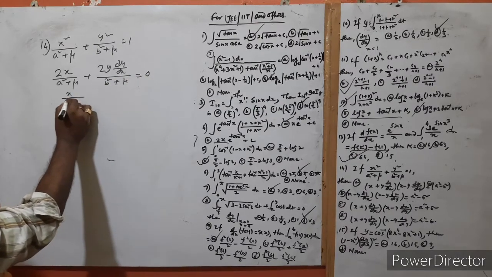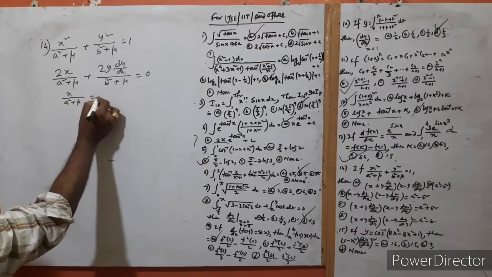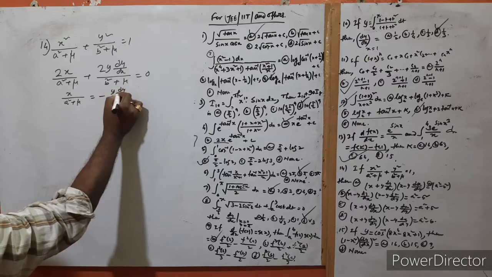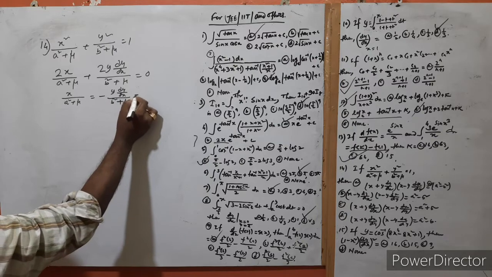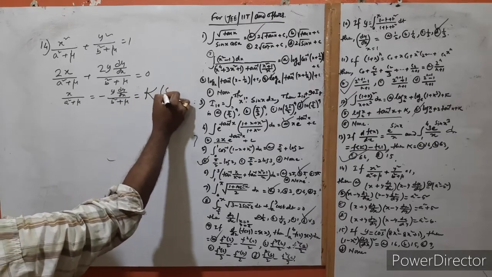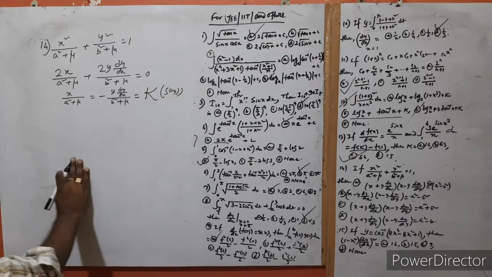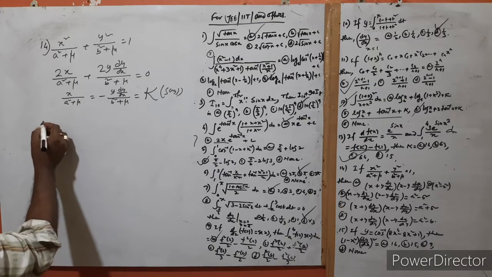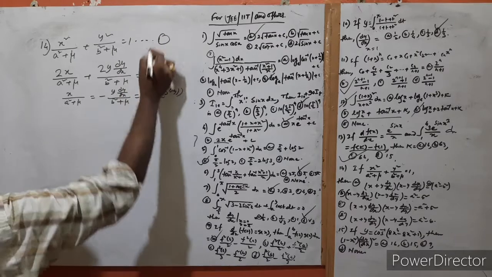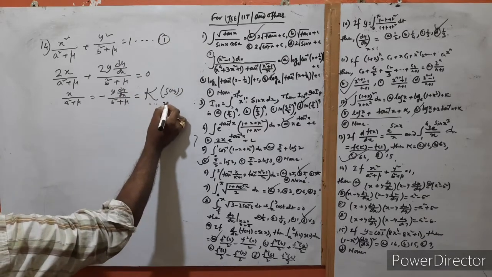So x by a square plus mu, minus y into dy by dx by b square plus mu, let us assume as k. Same. And this is as 1, and this is as 2.